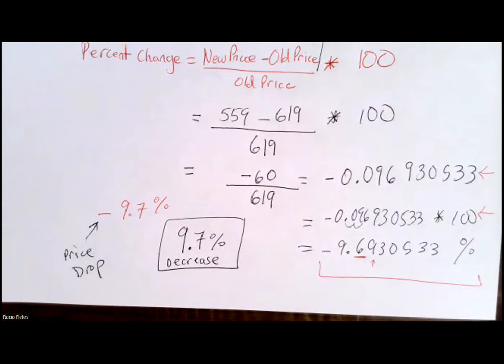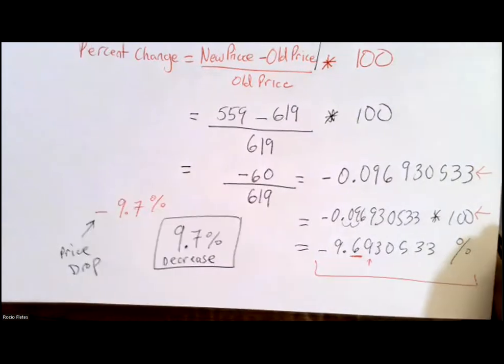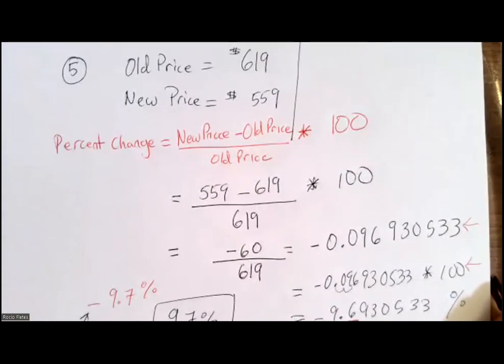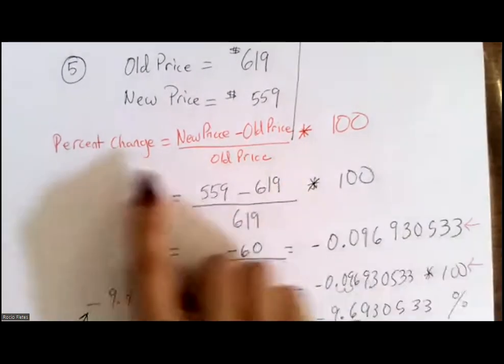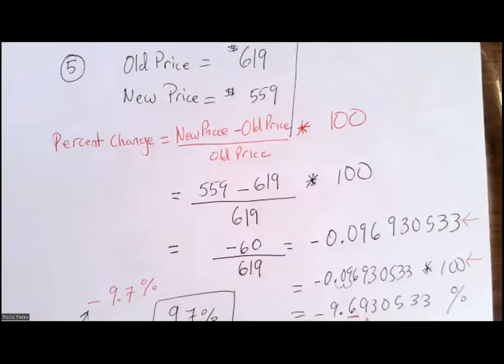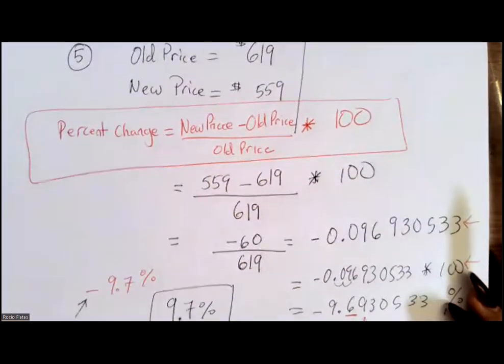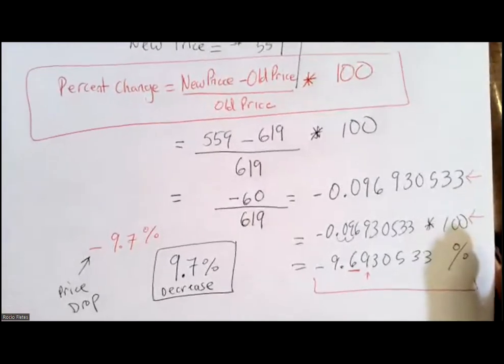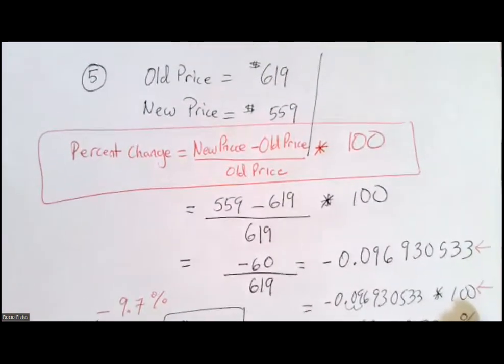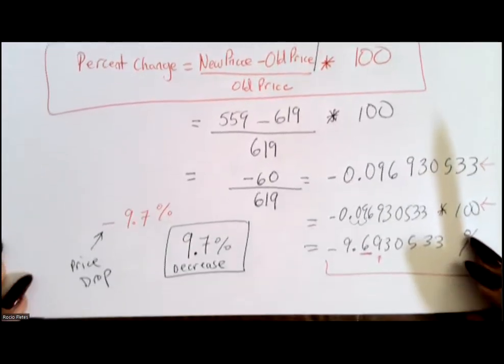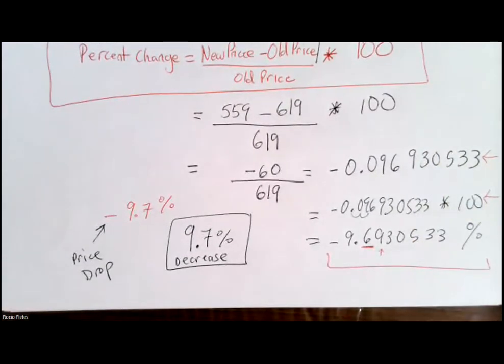That's question number 5. Make sure you write down this formula for percent change. This is important. And I'm gonna move the paper up so you can see the top, and then move it down so you can see the bottom.